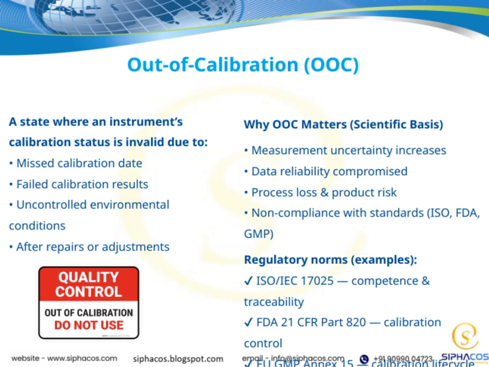And of course, any repairs or adjustments made to the instrument can temporarily put it out of calibration. All of these factors highlight why continuous monitoring and proper calibration management are so critical to maintaining data integrity, regulatory compliance, and ultimately, product quality.